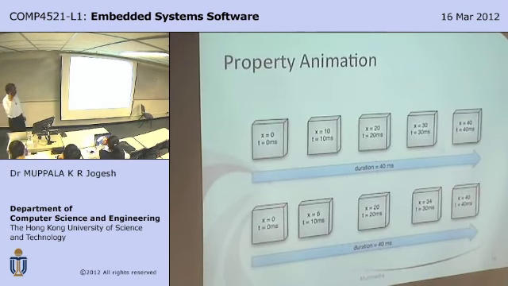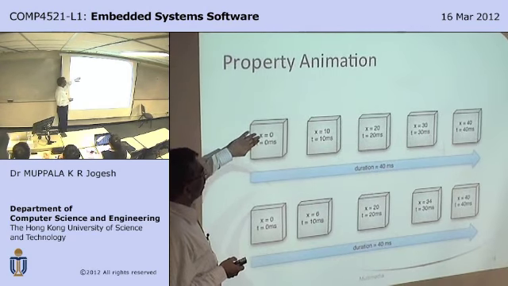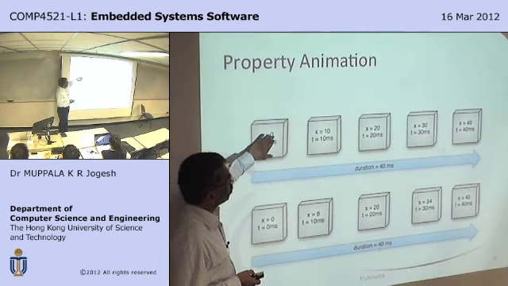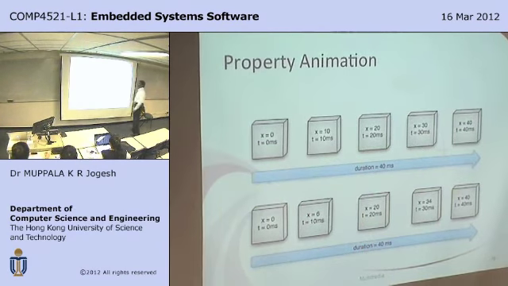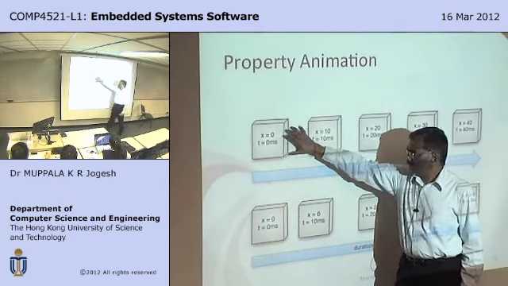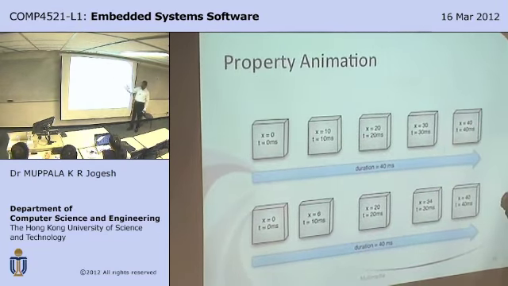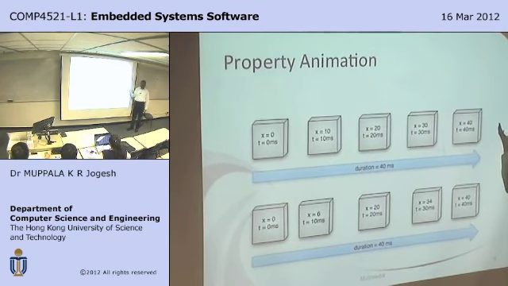So as I said, the property can be changed either linearly or non-linearly. For example, if you consider a property x, and you want to change the value of the property x from 0 to 40 over a 40 millisecond period, you can do this in a linear fashion like this. Say, for example, you are increasing the size of a view from a small size to a large size.